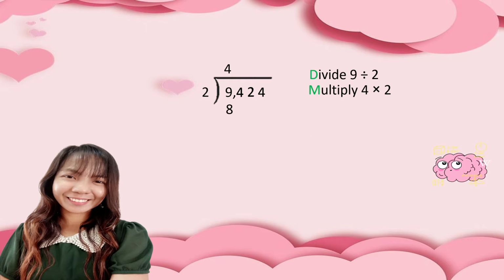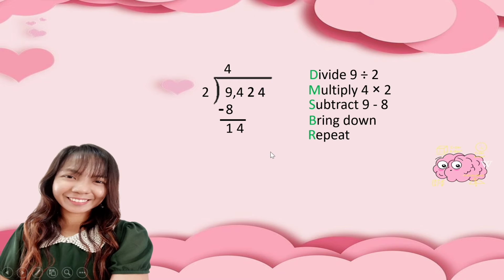Next thing to do is subtract. 9 minus 8, 1. And then bring down 4. Then repeat, we divide again. This time the number is 14. 14 divided by 2 is 7.